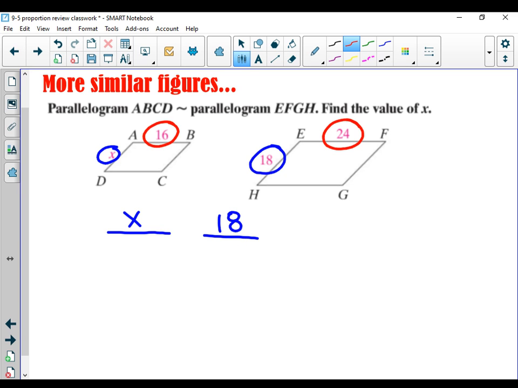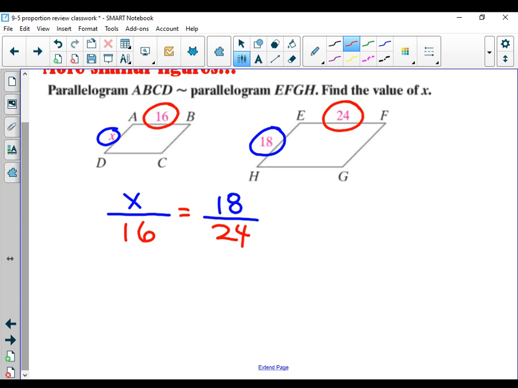So let's put those across from each other. Scale factor would be if you noticed a way to jump from 16 to 24 fast. You can, but it's a decimal, so that's not always fast for everyone.